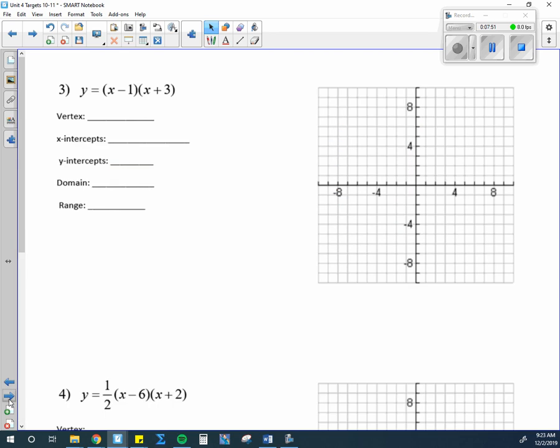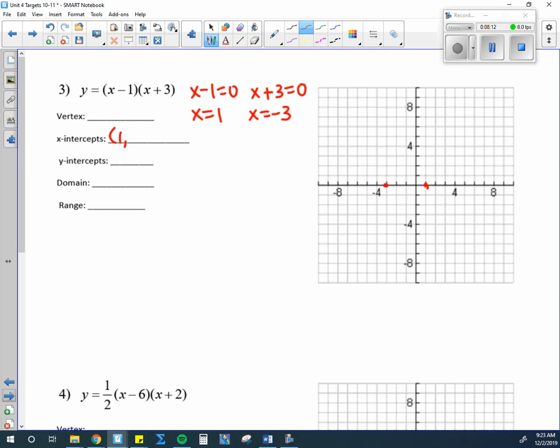All right, for number 3, same thing again. We're going to go through the same steps. So I'll set both my factors equal to 0 and solve. I will plot them both, and I will write them both on my x-intercept line. And to find my vertex, I will count halfway between those two x-intercepts.